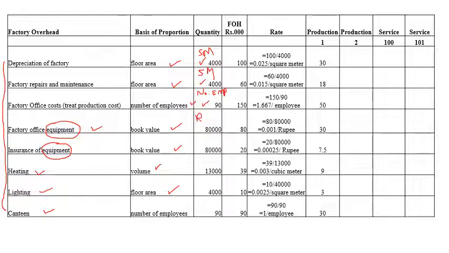It would be mentioned here in rupees. Book value again in rupees. Then volume. Volume is basically in cubic meters. Then floor area again square meters. And then finally again number of employees.